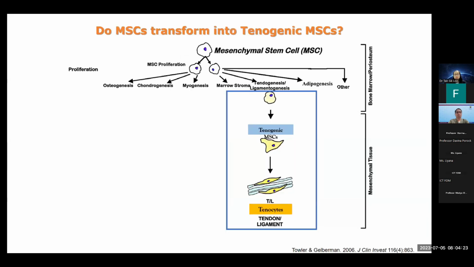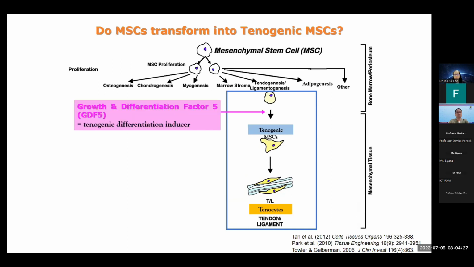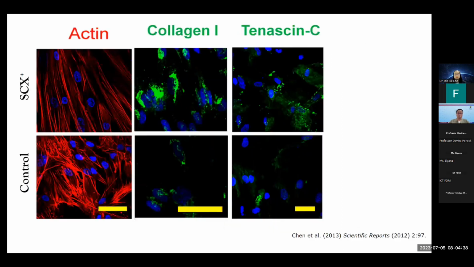With that, we first asked whether GDF5, this growth factor, was able to be a tenogenic differentiation inducer to differentiate mesenchymal stem cells into tendon cells.